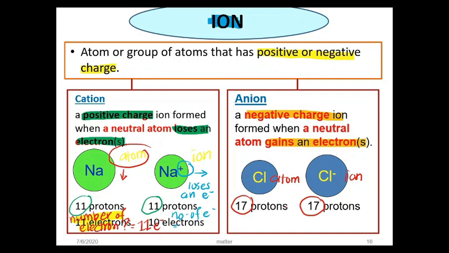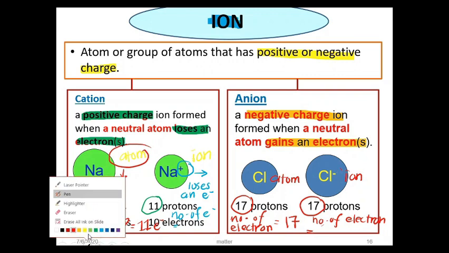It is the same, but the number of electrons differs. For the chlorine atom, the number of electrons is the same, 17, but the chlorine anion has a charge of -1.